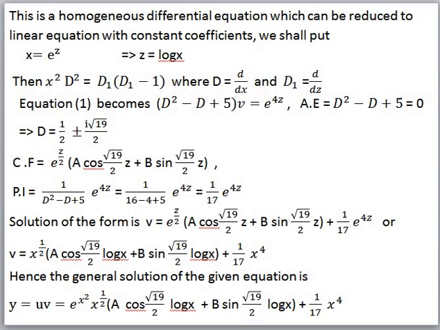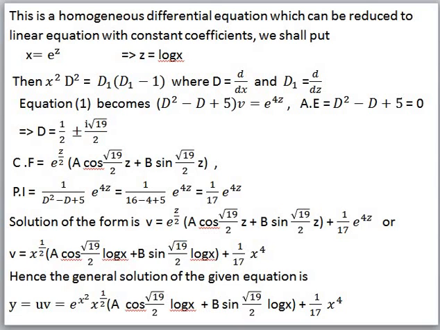So e^(z/2) becomes x^(1/2) into a cos(√19/2 log x) plus b sin(√19/2 log x) plus 1/17. Here e^(4z) with z as log x is e^(4 log x), the logarithm of x to the power of 4, so the exponential and log cancel and we get x⁴.